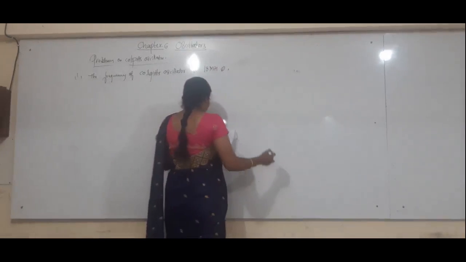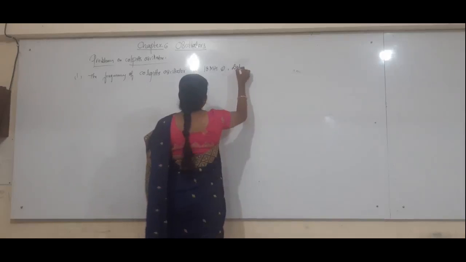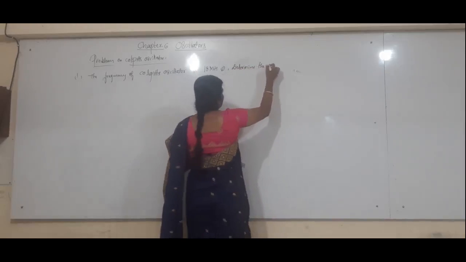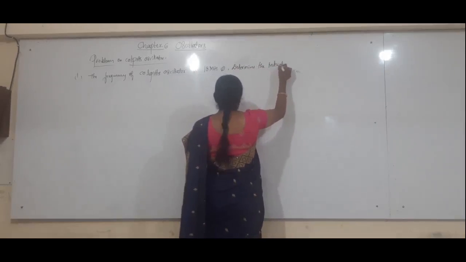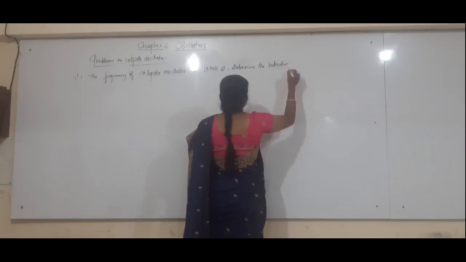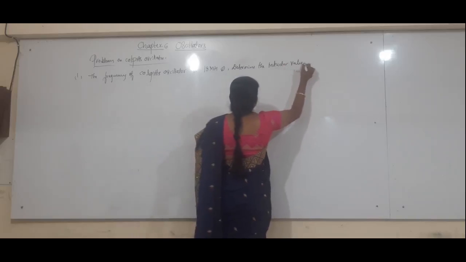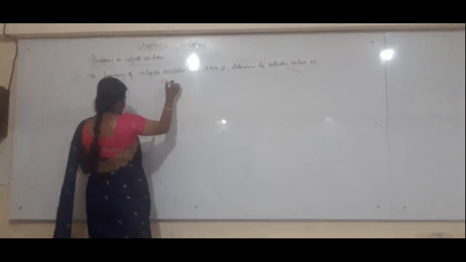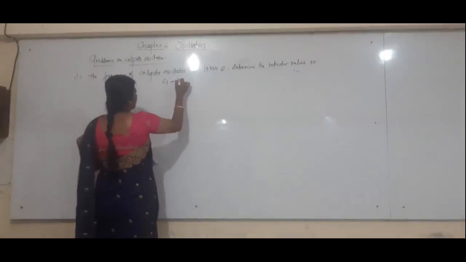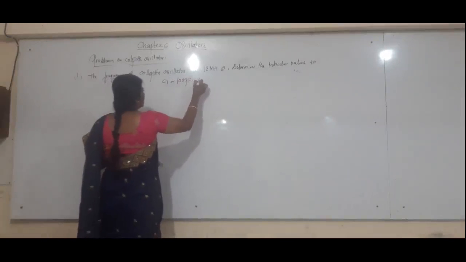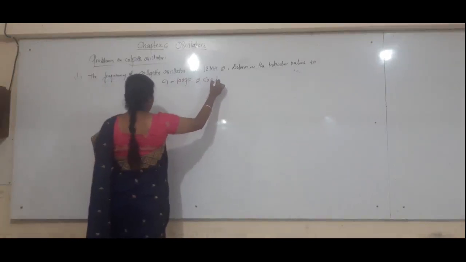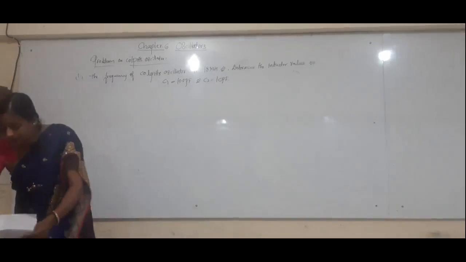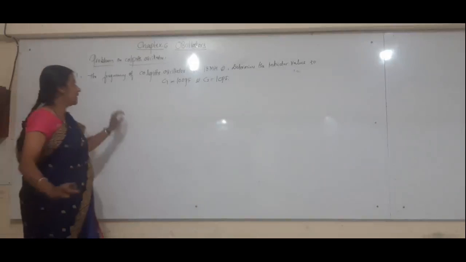Determine the inductor value, where the capacitor values are C1 given as 100 picofarad and C2 given as 10 picofarad. This type of problem they ask in your examination for 5 marks.